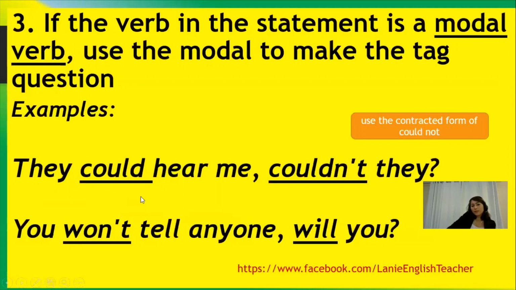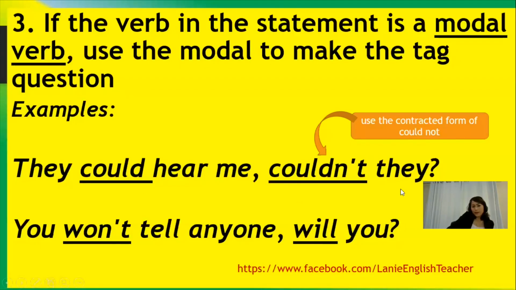Now, what is the modal verb used in the statement? Correct. It is could. Is it positive or negative? Positive. We will use negative in making tag questions. So couldn't, now we'll make it into negative.